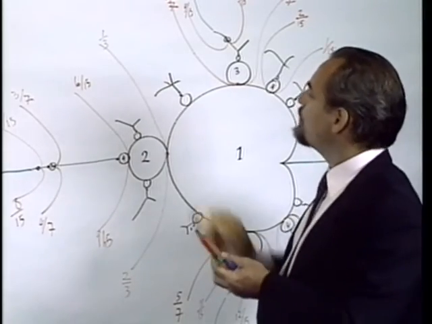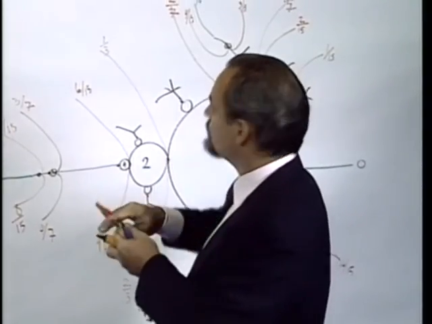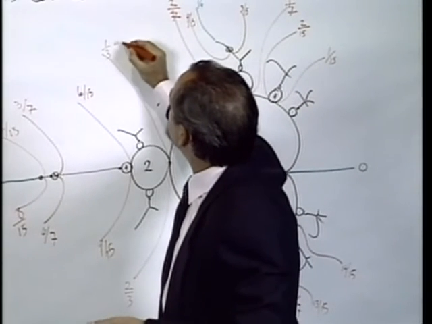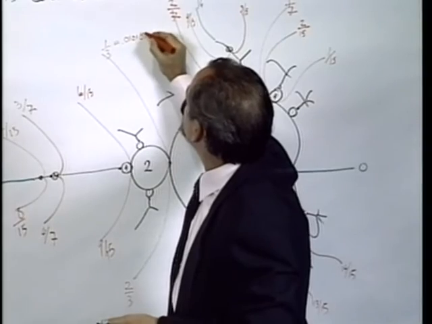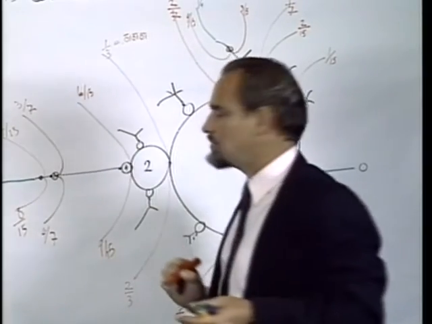And 1/3, written in base 2, is written as 0.010101, which repeats with period 2.